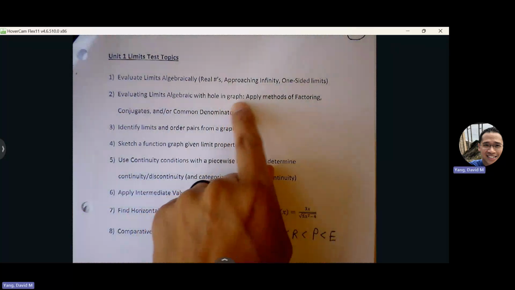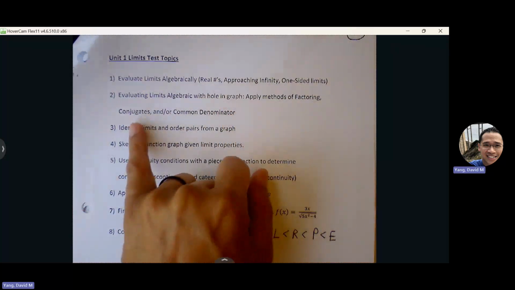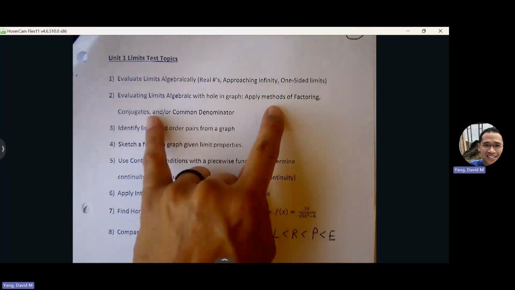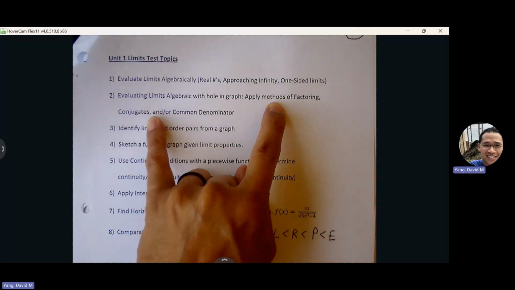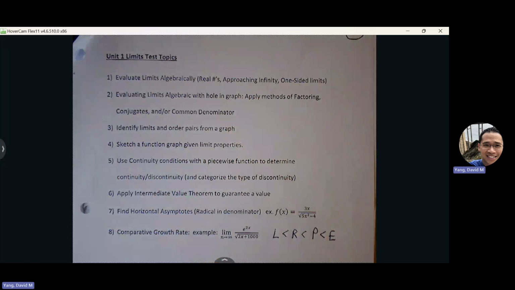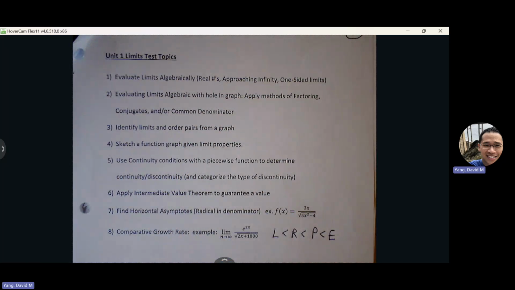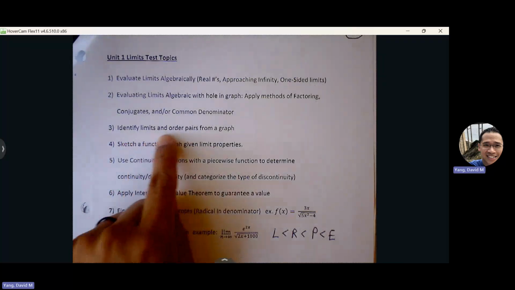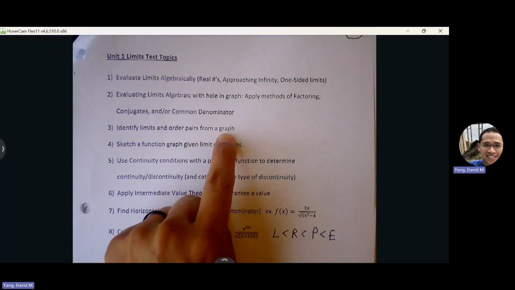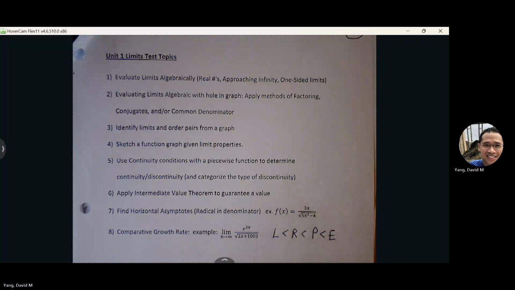Evaluating limits with a hole in the graph, so applying methods of factoring, conjugate, common denominator. These are quiz topics that showed good process, and we practiced these types of problems on Friday as well. Identifying limits and ordered pairs from a graph: that was on the quiz, where you're given a graph that's filled out and asked about limits and ordered pairs.